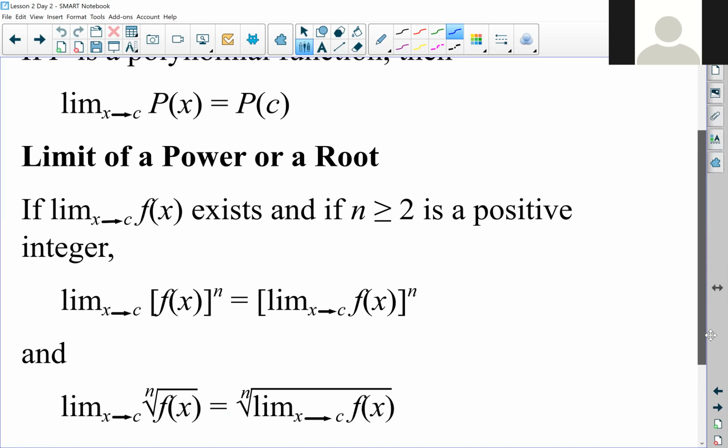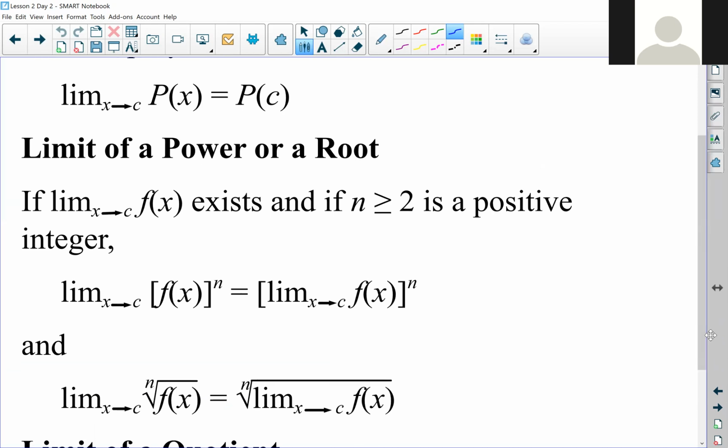Same thing with roots. So a few things that are important to know. n is a positive integer. That way, if it was negative, we would get a fraction, and then we'd have to be concerned about if the denominator was 0.